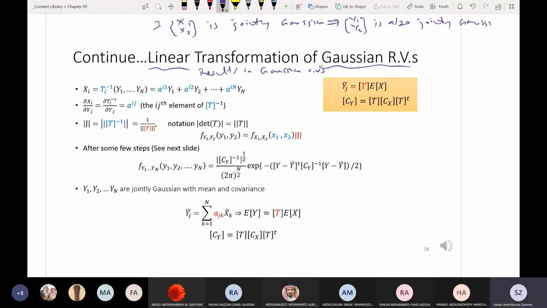What does this mean? What do we need? If I know that y1, y2 is also jointly Gaussian, what do I need to determine the PDF of y1, y2? Guys, if I know that y1, y2 is jointly Gaussian, then what do I need to determine their PDF?